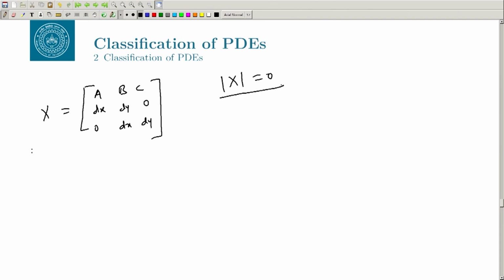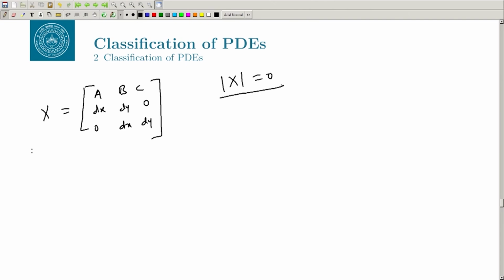So, let us look at the region where this is not defined. Look at the matrix that we have: a, b, c, then dx, dy, 0, and then 0, dx and dy. And if this is your capital X matrix, we want this determinant to be 0, right.